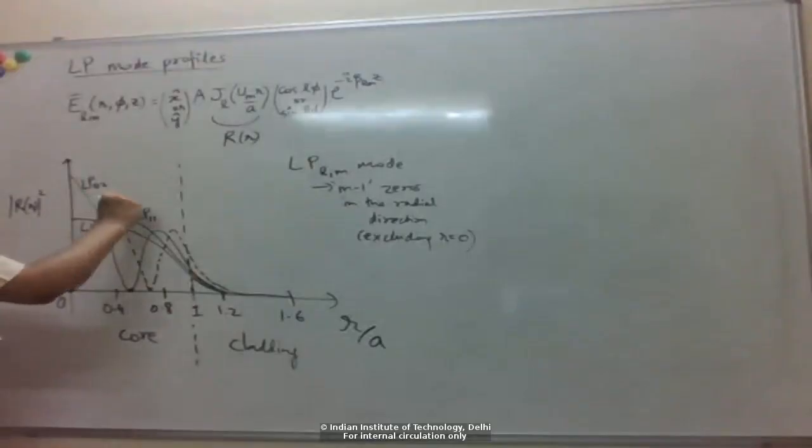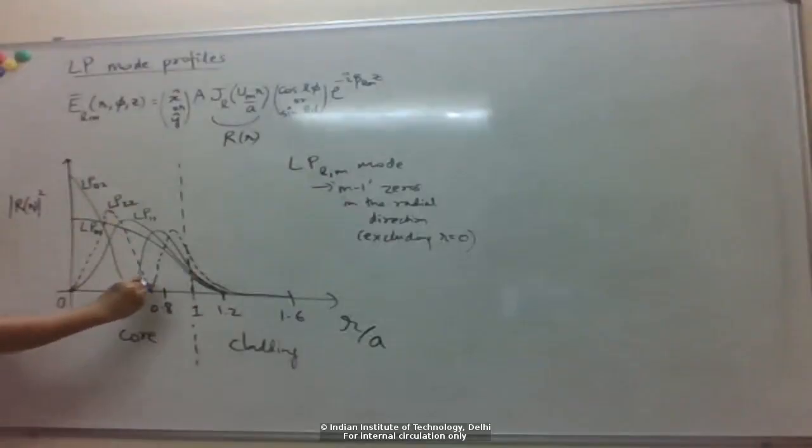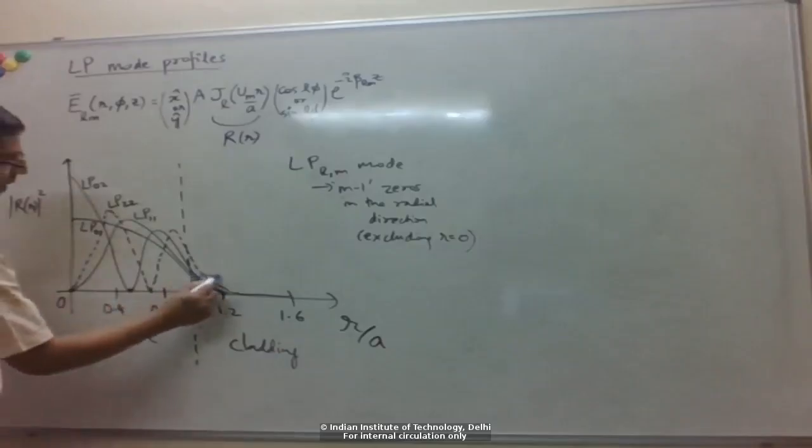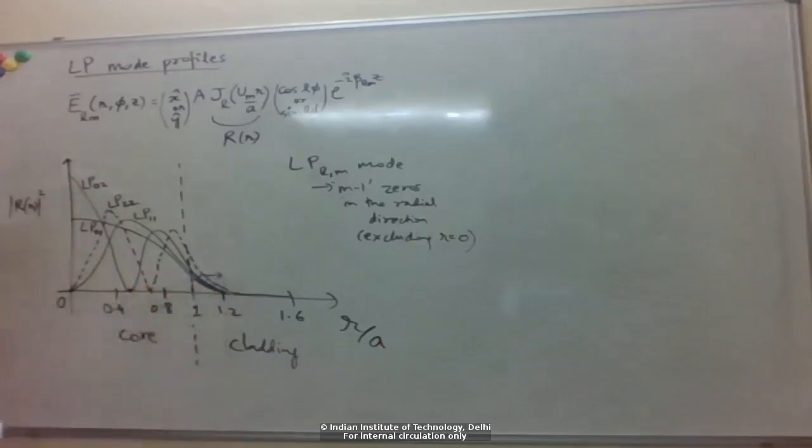Next one is LP22. So it starts from 0 as a peak, then has another 0, another. Okay, and you can see how much the mode leaks into the cladding. So that sort of goes up with increasing L and M, right?